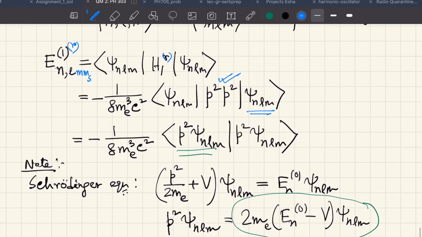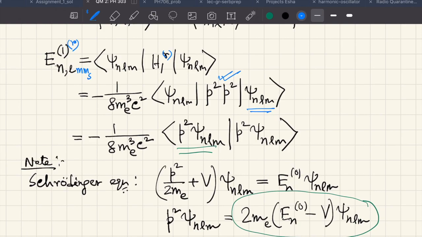That we have started to calculate, and we have observed that p square by 2m plus V acting on psi nlm is equal to E n naught psi nlm, which is my Schrodinger equation, and from there we can write this p operator square acting on psi nlm in terms of En0 and V. And remember that this V was the operator, whereas this En0 was the unperturbed eigenstate energies. So this is basically some number, it is not an operator. The operator is sitting on the right hand side in this potential, which depends on position.